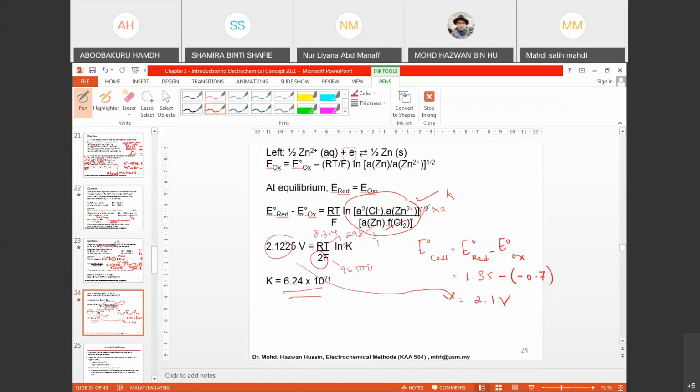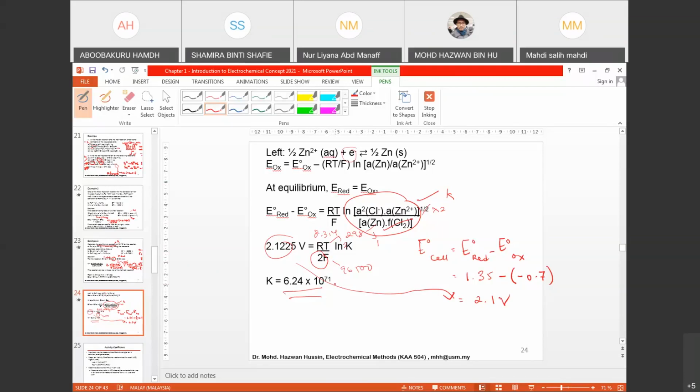If you remember, ln 2, and this one is RT over F multiplied with ln. So if I want to bring the K, or the 2, over here, I have to make it opposite. So that is why it will be 2F instead of 2RT, because it is in ln representation. So if I want to remove it, just make it opposite, then it will be 1 over 2 instead of 2.